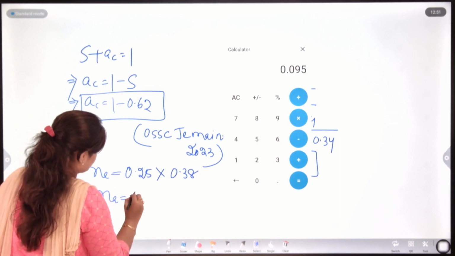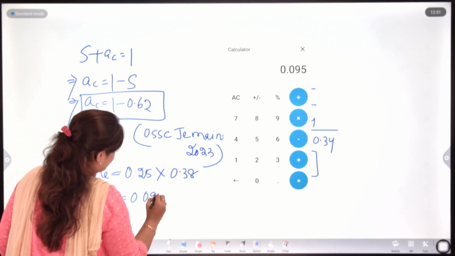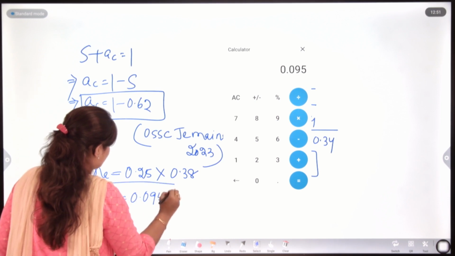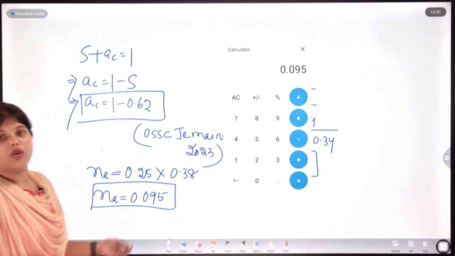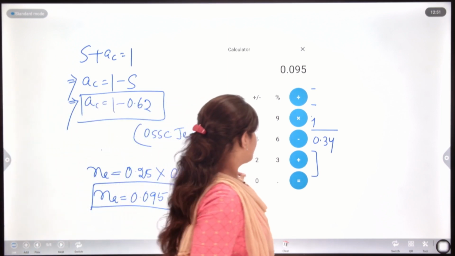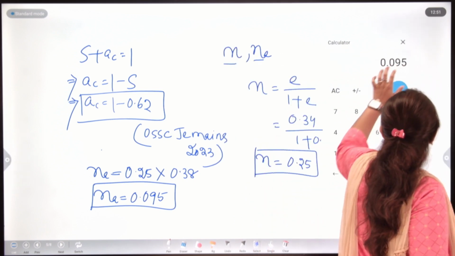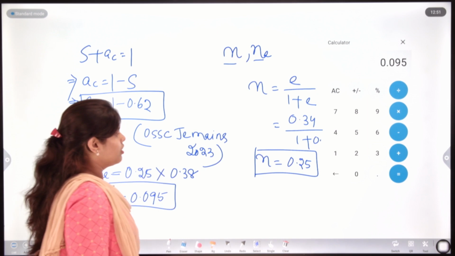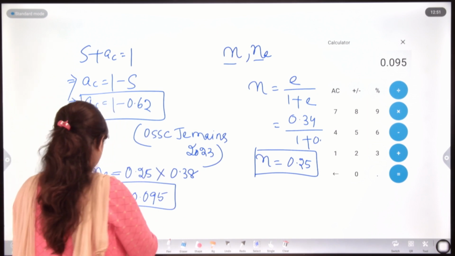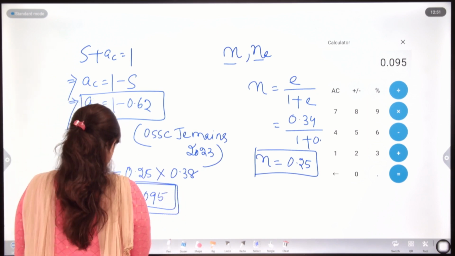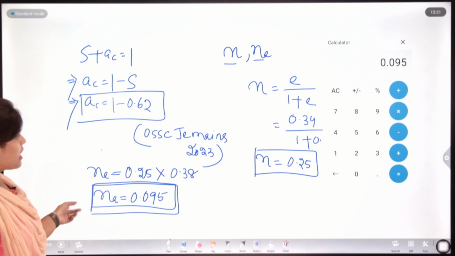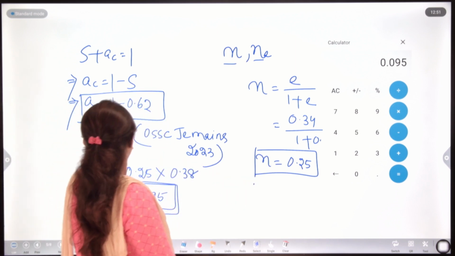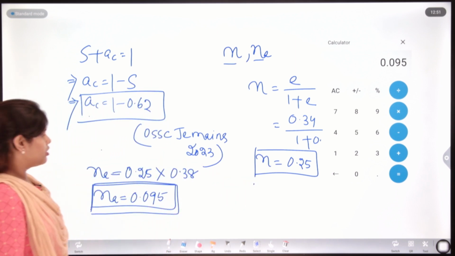Percentage air void is your 0.095. We need to calculate all these parameters perfectly, or else if one value is changed somewhere, the whole numerical will fail. So, we got percentage air void, porosity, and air content.